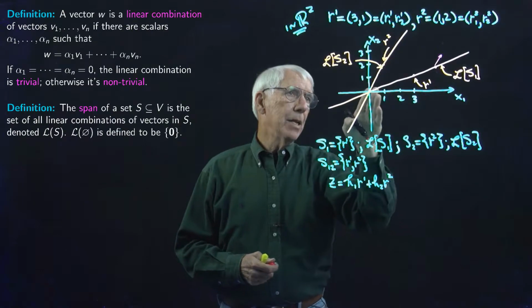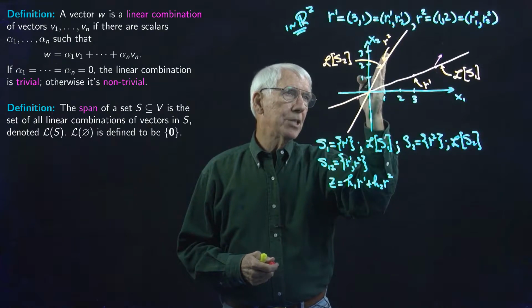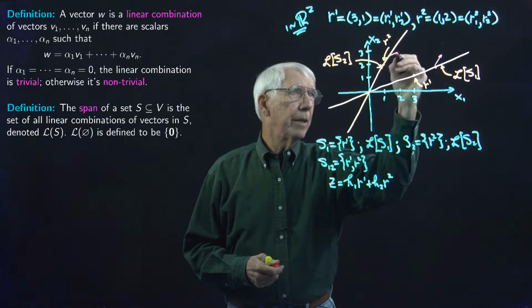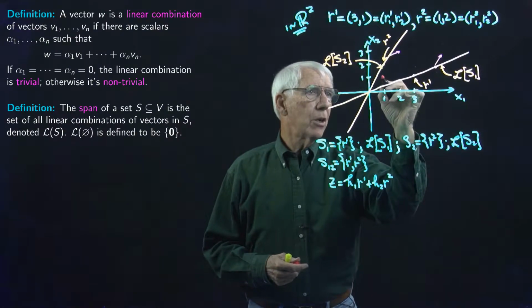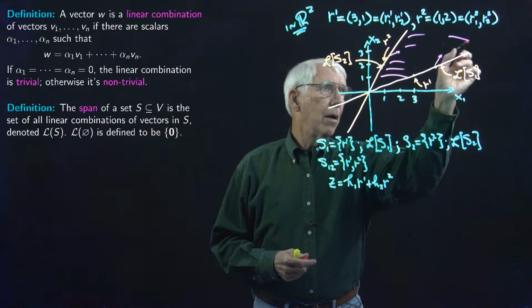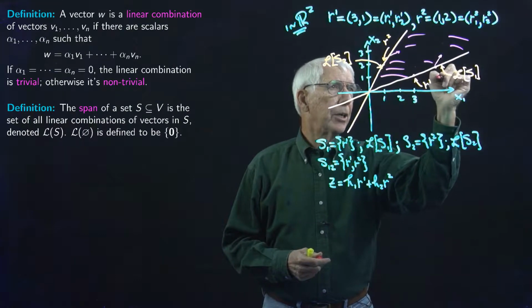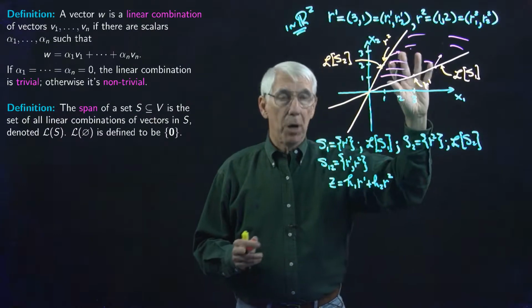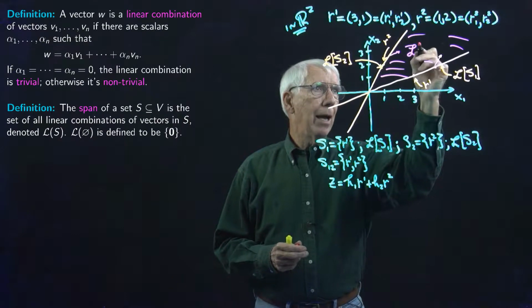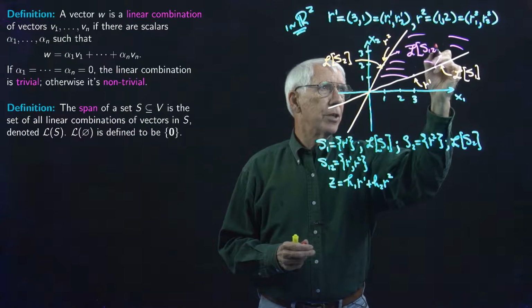Similarly, I could hold some positive amount here, then some positive amount of the other one, and so that means that all of the vectors in here would be part of L of S12.